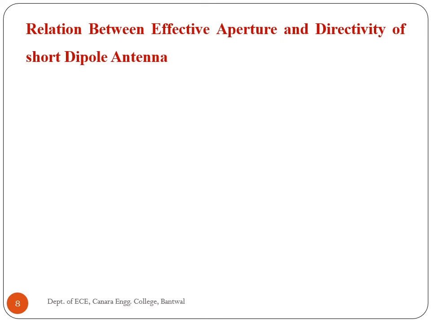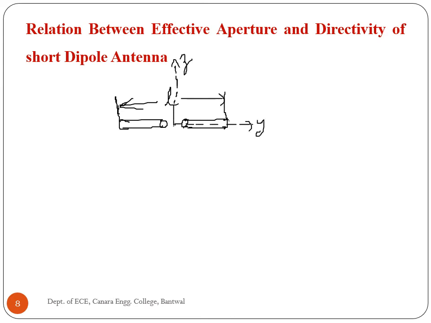Relation between effective aperture and directivity of short dipole. Consider the short dipole with length L, radiation resistance RR, current I. A plane wave is incident on a short dipole.